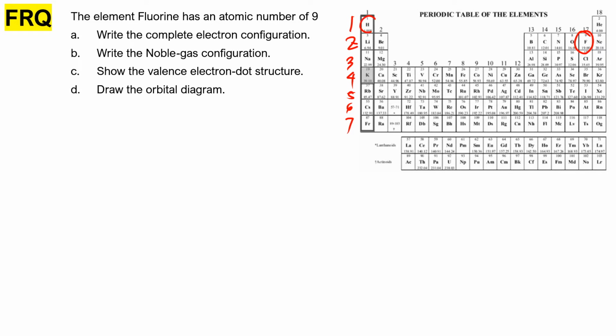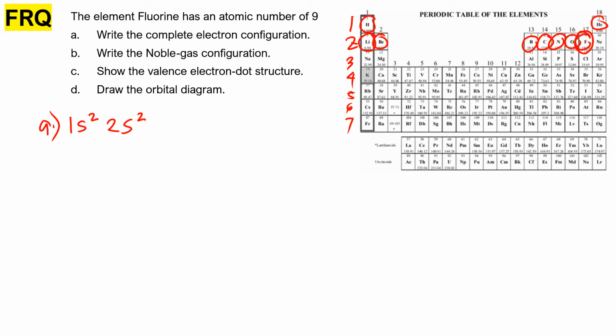Take note, these are our s orbitals. So for letter A, we start with 1s2. And then we go to the 2s orbital, 1, 2, so that becomes 2s2. And the last one is the p orbital, so we have 1, 2, 3, 4, and 5.